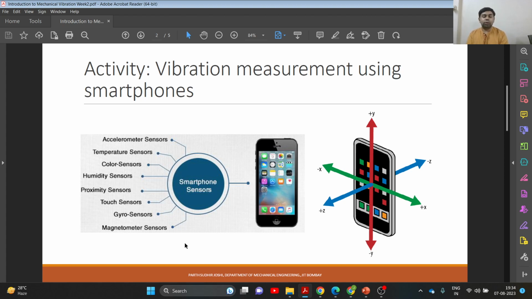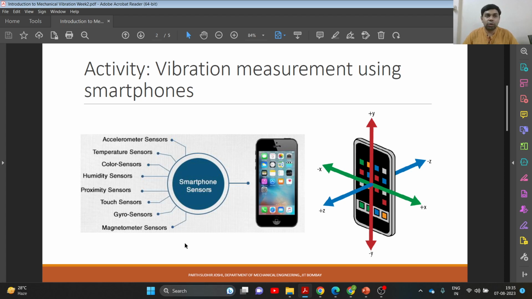Similarly, an accelerometer is a sensor which gives us output proportional to our acceleration. Magnetometer sensors are similar to a compass. In olden days, people used a compass to indicate the north and south direction, so it is used for navigational purposes.